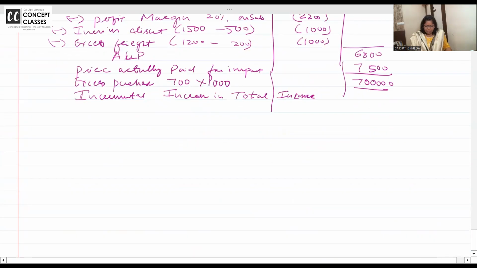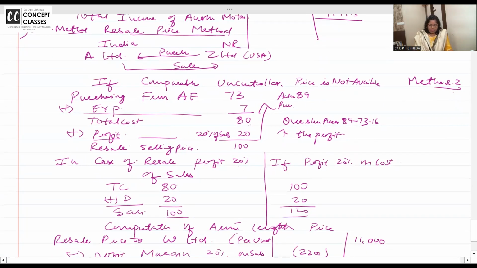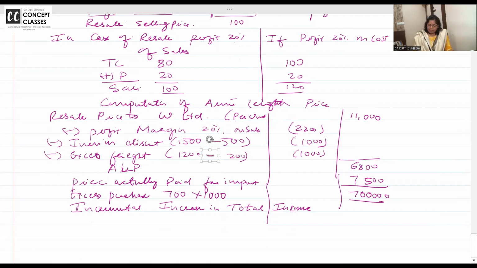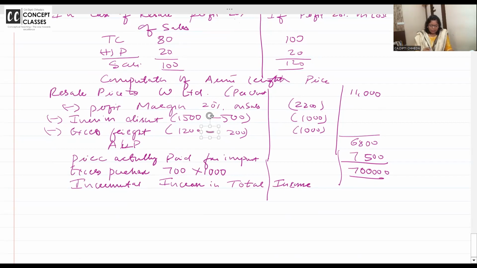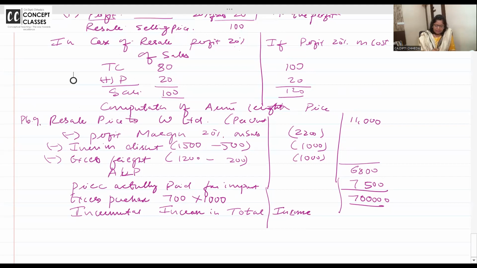And then we did some problems with the RSP method also. Method 2. Are you all with me? I'm doing revision for all of you. Purchase price, add expenses, total cost, profit, and RSP. And I have explained that if the profit is on sales, take sales as 100; if profit is on cost, take cost as 100. With this, we have completed problem number 9, and now we are starting problem number 10.